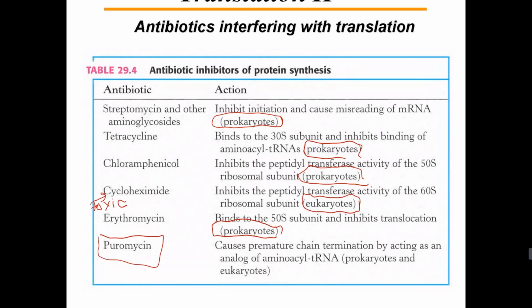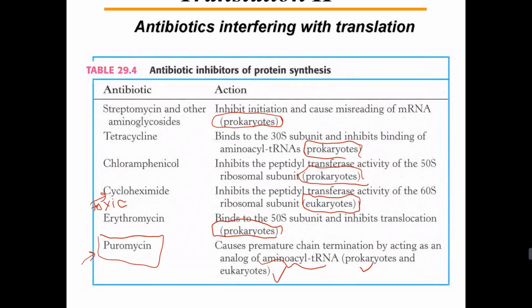We don't have time to actually look at all of them, but puromycin actually can inhibit or cause premature chain termination by acting as an analog of the aminoacyl tRNA. And this can occur in both prokaryotes and eukaryotic cells.